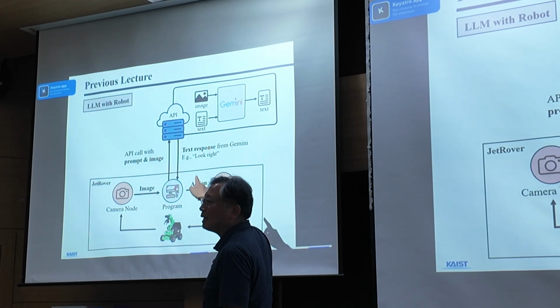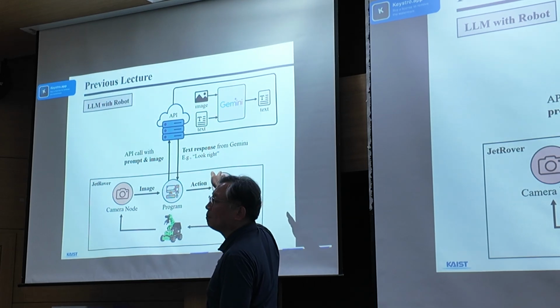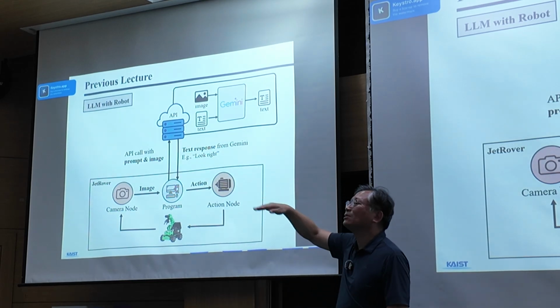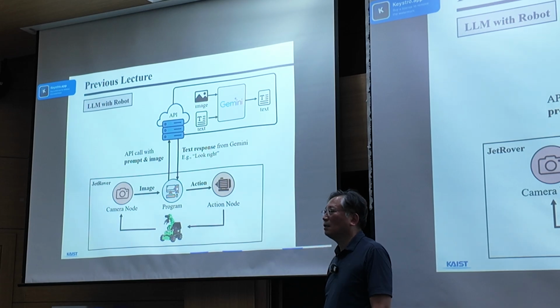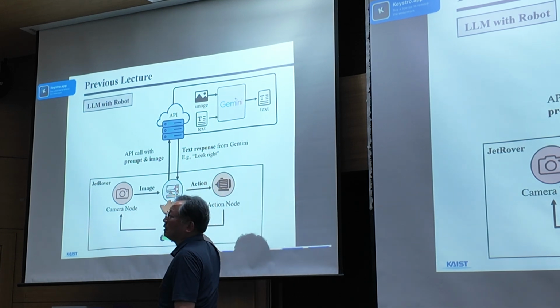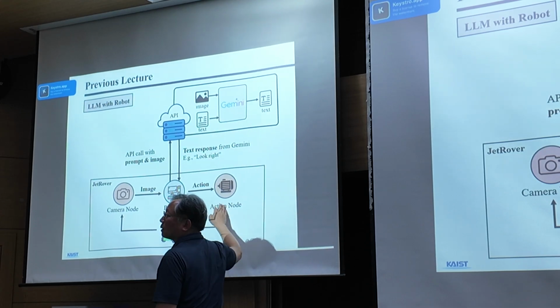That's the task, and that will be sent to Gemini. And in order, Gemini is going to give you a list of actions to take, and it's going to give it to the robot.